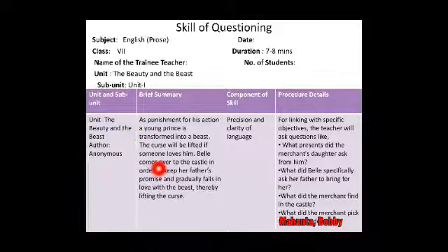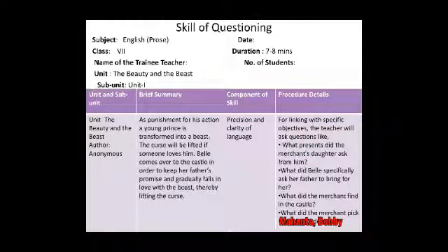You have the units and subunits here. Then you have the brief summary given here, and you have the component of skill on this side, and you have the procedure details here. As for example, the unit on the Beauty and the Beast has been taken up. The author you mention here, and a brief summary of that particular prose piece, the Beauty and the Beast. It has been written, and the component, whichever component it is reflecting, you have to mention it here, and the procedure detail.